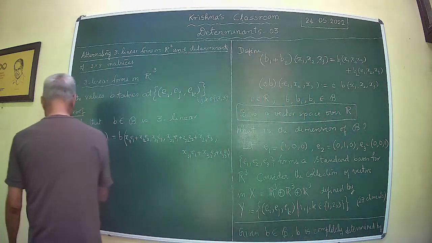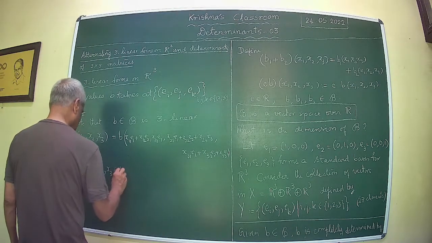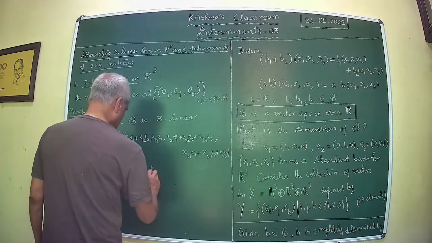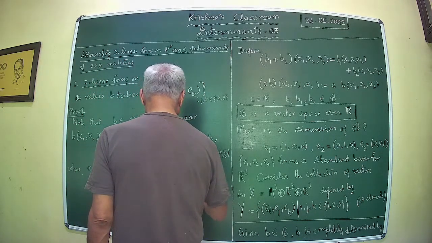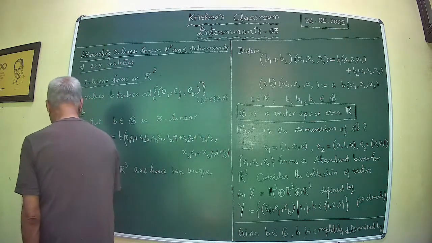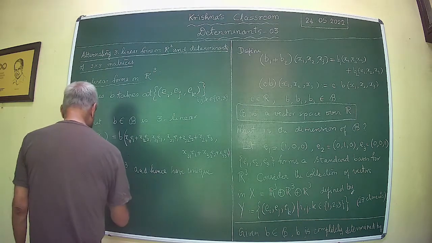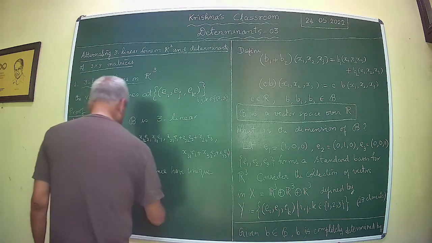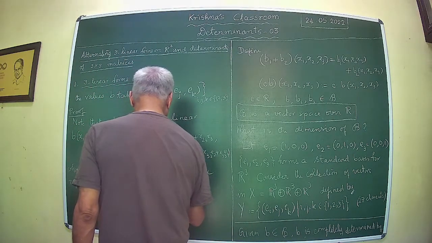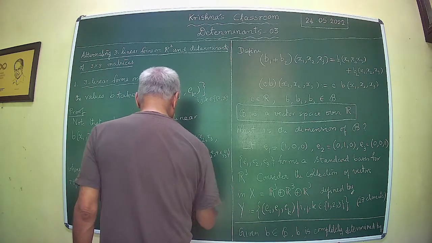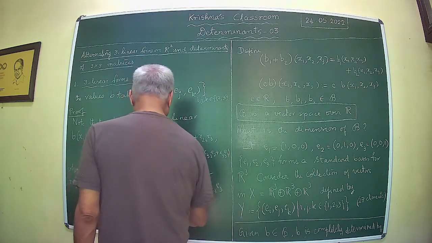Where the x_i are vectors in R3 and hence have a unique representation given by x_i equal to xi1 E1 plus xi2 E2 plus xi3 E3 for i equal to 1, 2, 3.